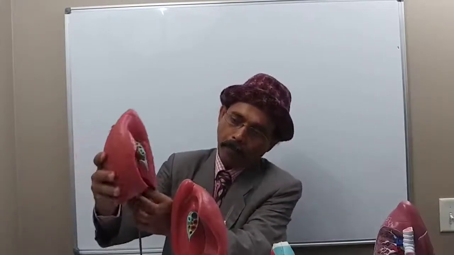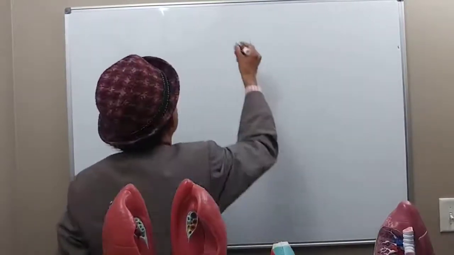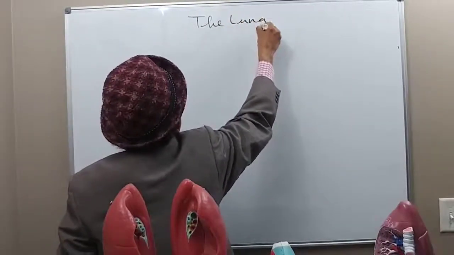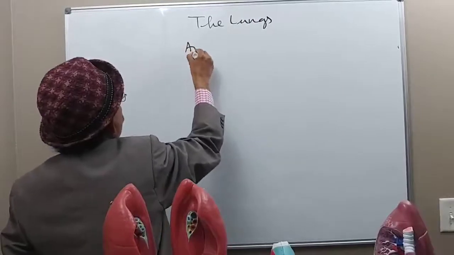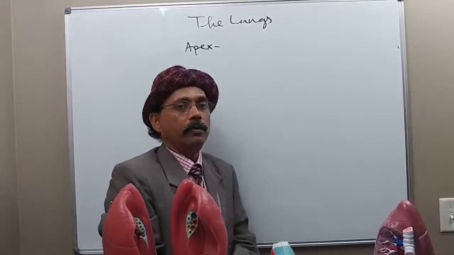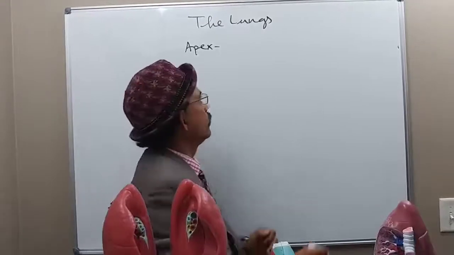So the apex reaches the root of the neck, and the apex has some relationships. We have to know the relationships of the apex. The apex reaches the root of the neck.